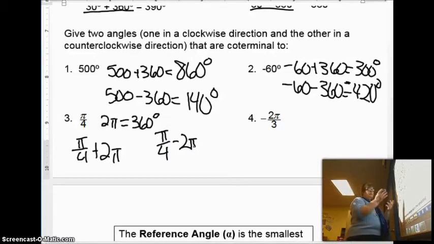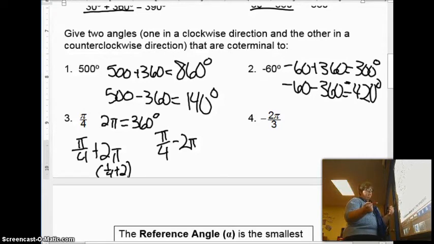Remember when you're adding fractions, this is how I would do it on my calculator. I would just put 1/4 plus 2 and hit enter. It gives me 2 1/4, which is the same thing as 9/4, and that's probably what would come up on your calculator, so that would be 9/4 pi.